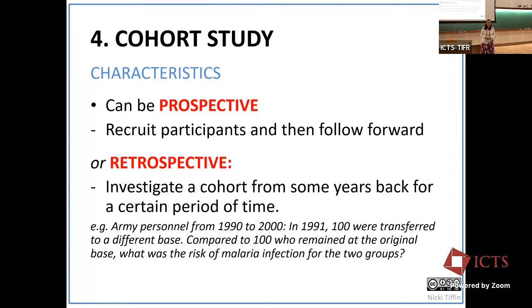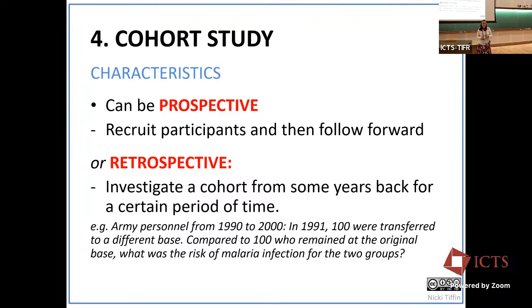A cohort study can be a prospective cohort. That means that I recruit the participants today, they come on board, and then I follow them up until 2030 or whatever the agreement is. So we're going to follow those individuals over time, see how they do, have follow-up visits, and follow them forward into the future. But a retrospective cohort study is where you can investigate a cohort from some years back for a certain amount of time.